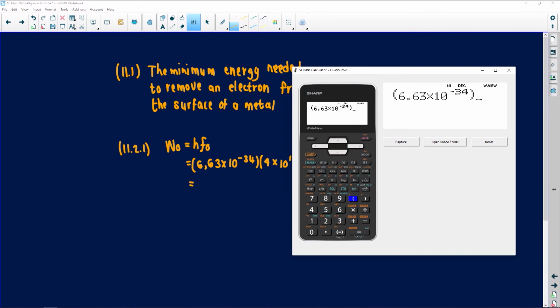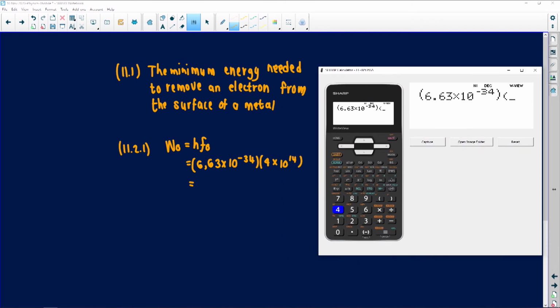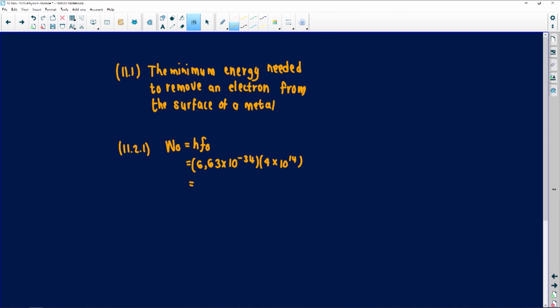I always say you must put brackets around your numbers so that your calculator doesn't mess up the order of operations. Times 4 times 10 to the exponent 14. And then you get an answer: 2.652 times 10 to the negative 19, so to 2 decimal places I'm going to get 2.65 times 10 to the negative 19. The SI unit for my work function is then a capital J for joules.